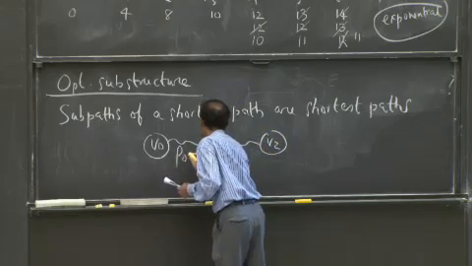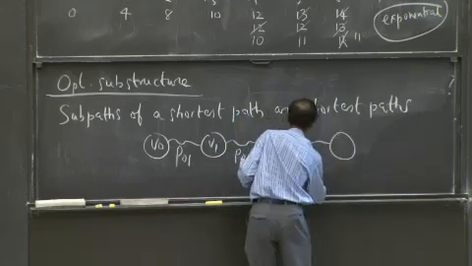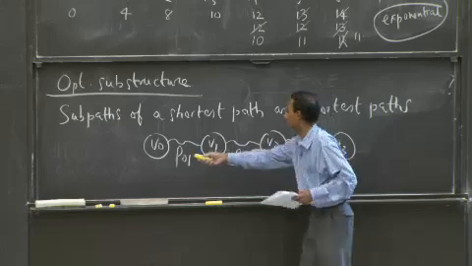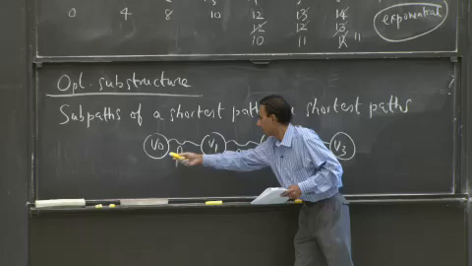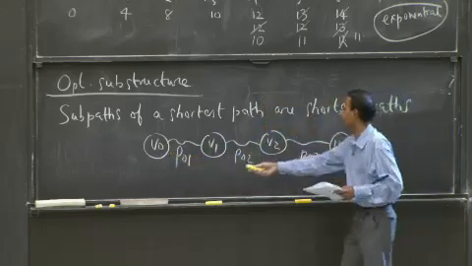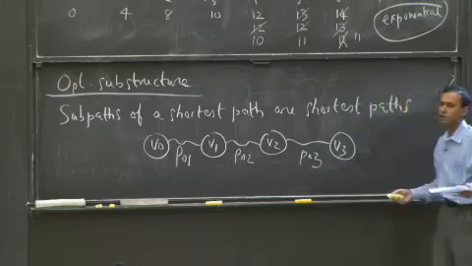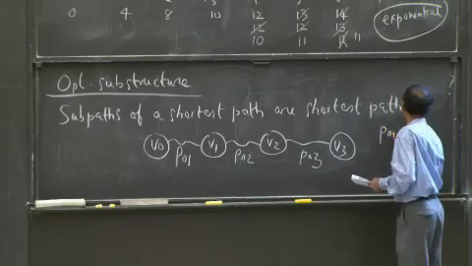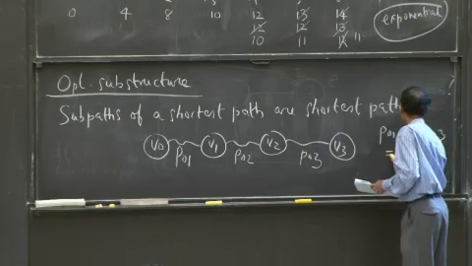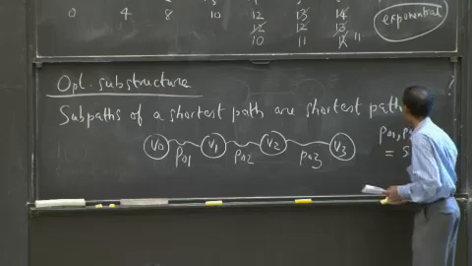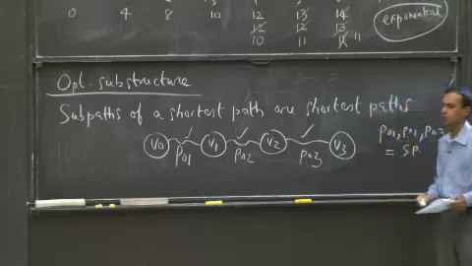So this could be P01, P02, P03. And so there are many vertices potentially between them. And if you tell me that V0 through V3, the concatenation of P01, P02, and P03, is a shortest path, then that implies that each of these are shortest paths as well, right?